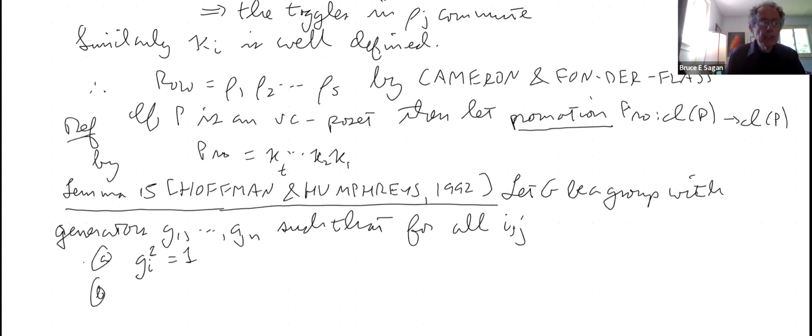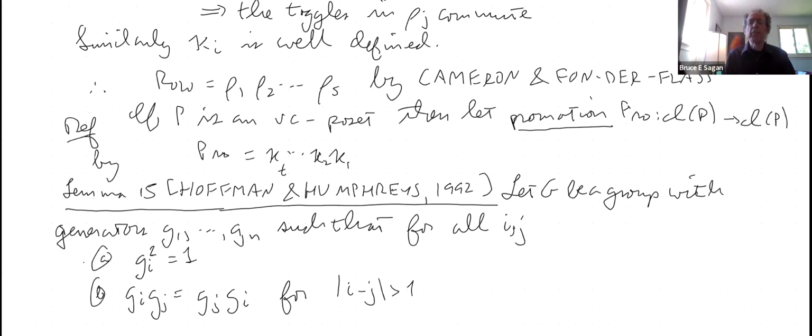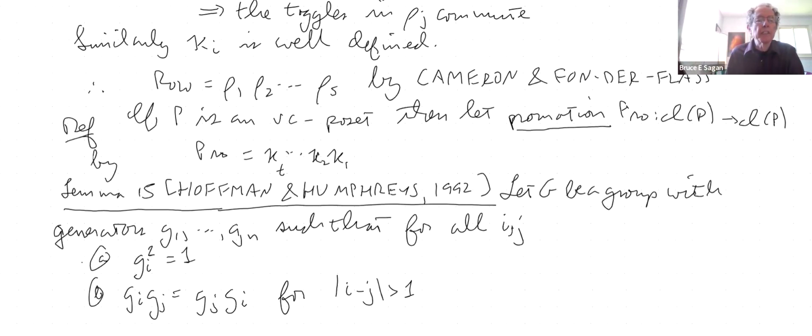Gi Gj is the same thing as Gj Gi, as long as the indices are far enough apart. So Gi and Gi plus 1 do not necessarily commute, but Gi and Gi plus 2 or Gi and Gi plus 3, those all commute with each other. Okay. And notice this looks very much like what you get for a Coxeter group. There's no braid relation, but just these two.